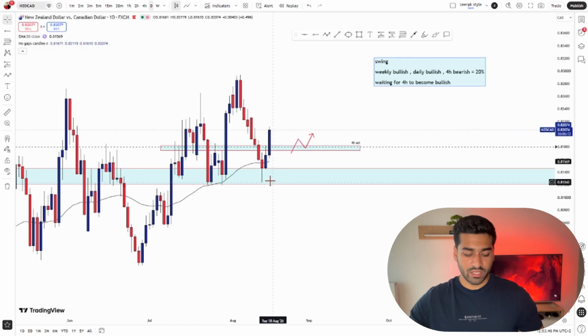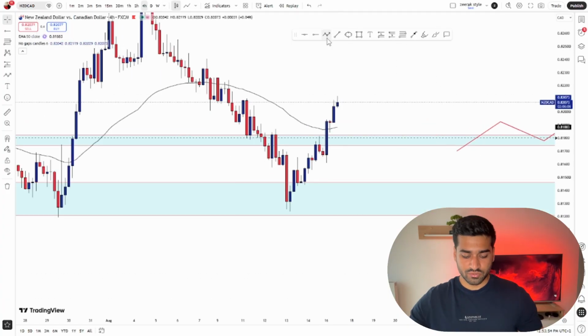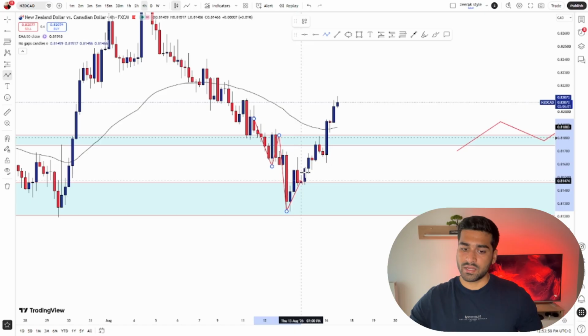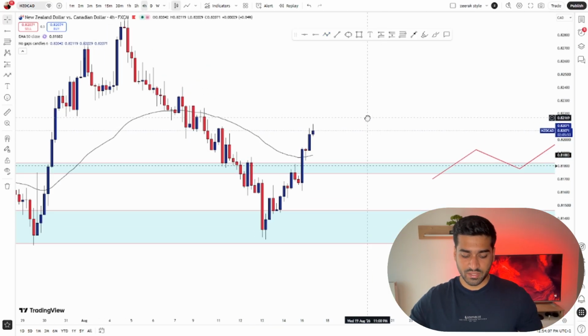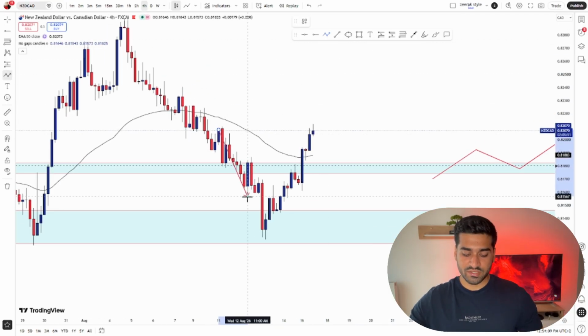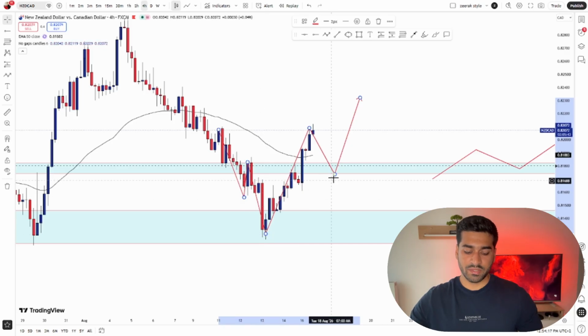If I go to the 4 hour, it also becomes bullish. So lower low, lower high, lower low, and we have a higher high. So I will look for the higher low and an engulfing candlestick to look for buys. This is really simple, and it will also create this right shoulder. So left shoulder, this is the head, and that will be the right shoulder.